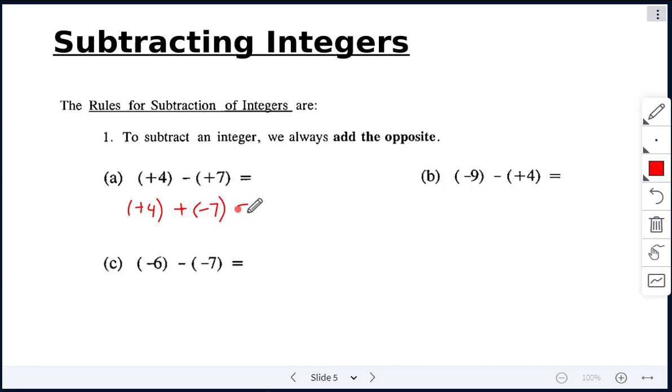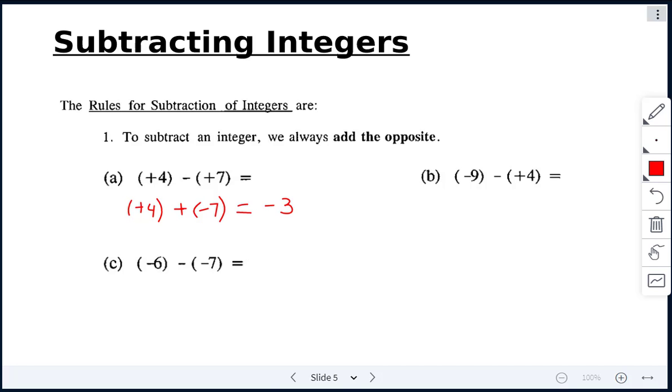Now we just use our rules for adding. Positive 4 plus a negative 7, we subtract and then take the sign of the numerically larger number. That's going to give me negative 3. Remember, we subtract and then take the sign of the numerically larger number.